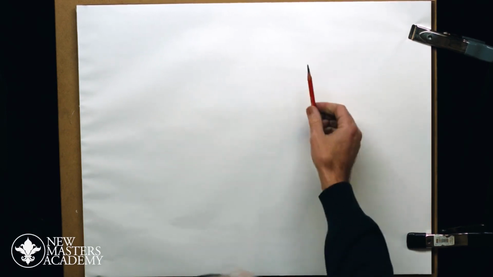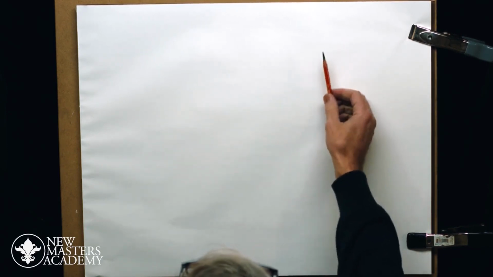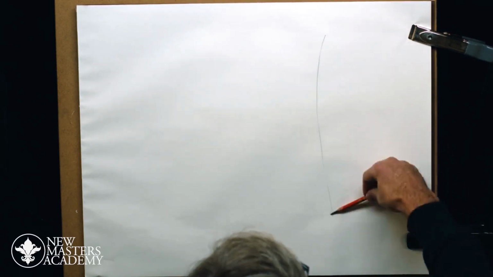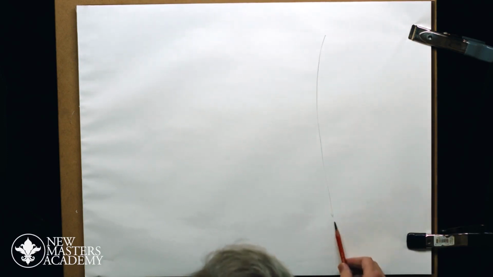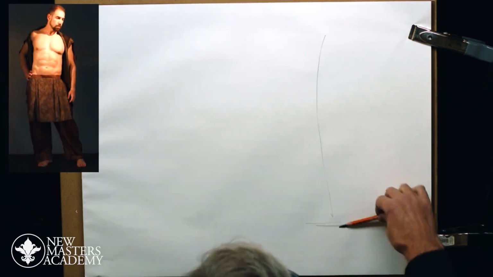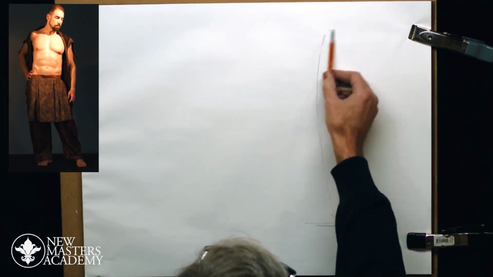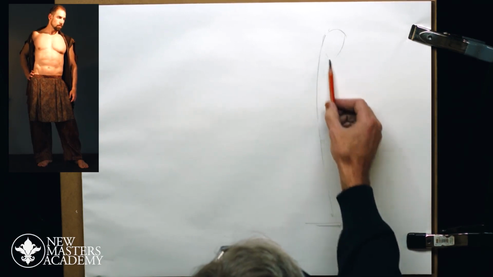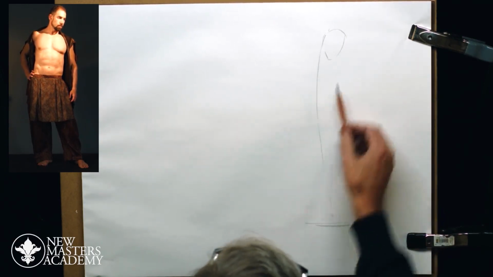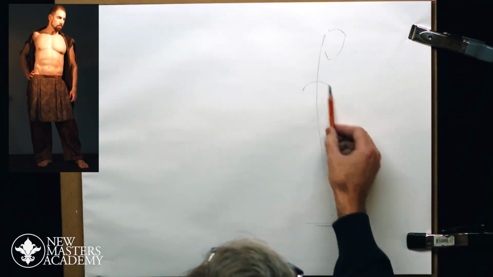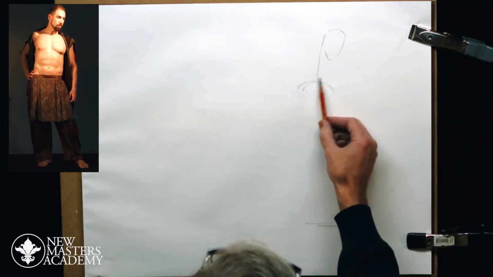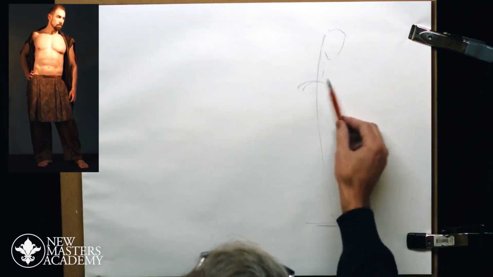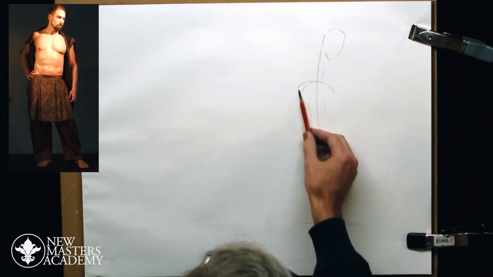So what we'll do is, I'll just talk about the lines that I'm putting in. This might be just a general gesture line that's going to be his attitude or alignment, and then I'm going to create some other lines that are going to be more measurement lines, really, to see where I am along this pose.